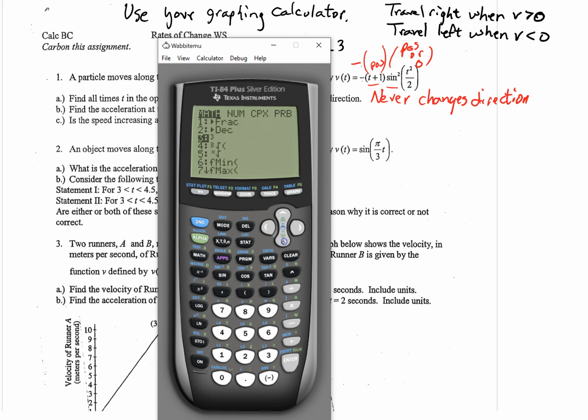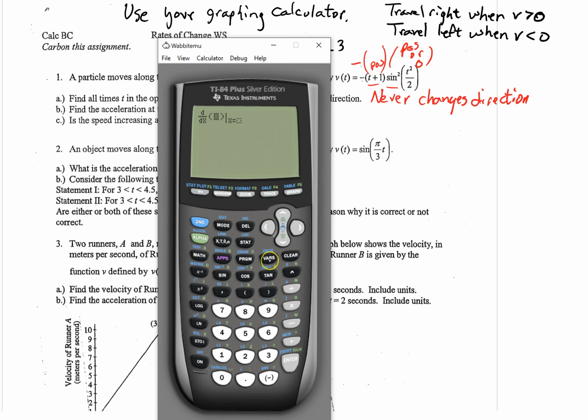Here's math. If you just down arrow to number 8, you can see d, and I'm going to hit X. Right here is where you could type in that formula of negative x plus 1 sine squared of x squared over 2. That would take a lot of work, and you just entered it in.